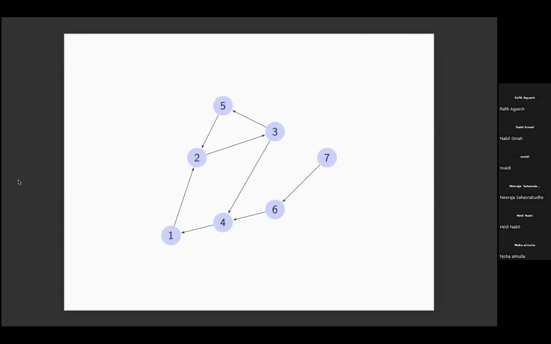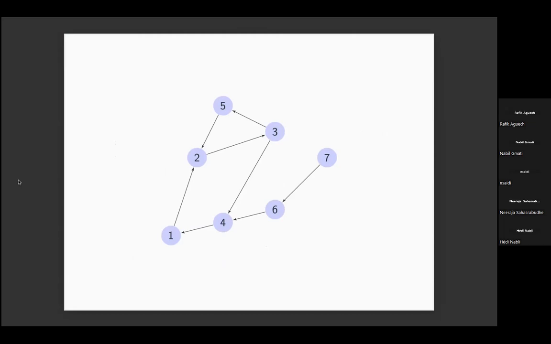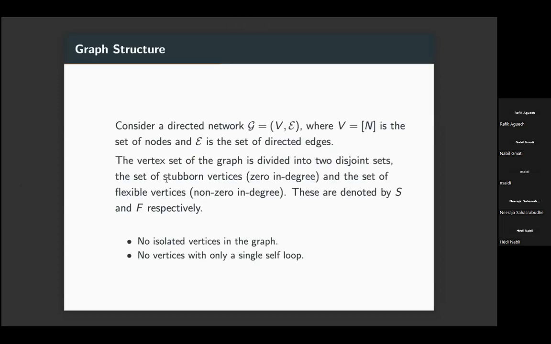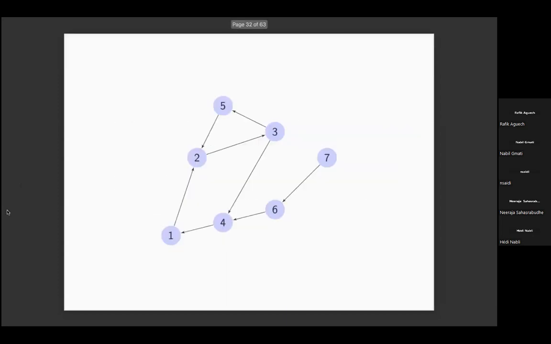So each vertex has a certain in degree and a certain out degree. If you look at the vertex 7, it has 0 in degree. No arrow is coming into it. So this is what I call a stubborn vertex. Any vertex with 0 in degree. 7 is the only stubborn vertex in this example. There is no incoming arrow at 7.